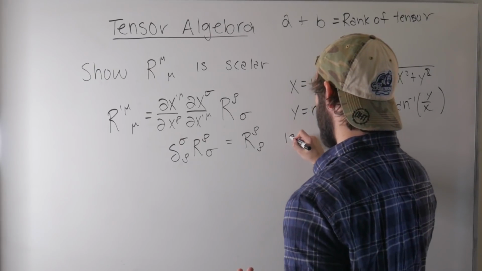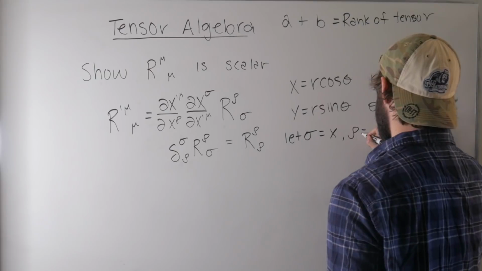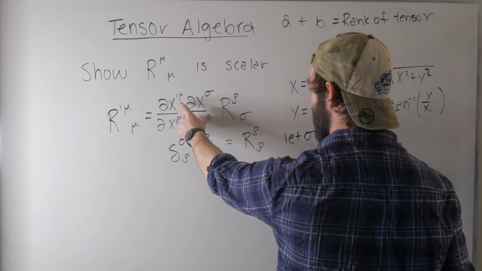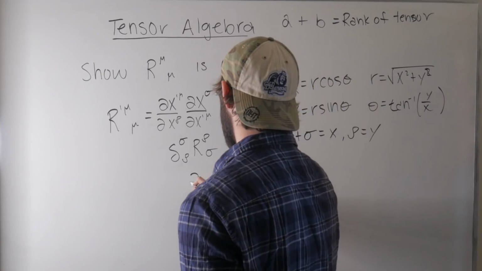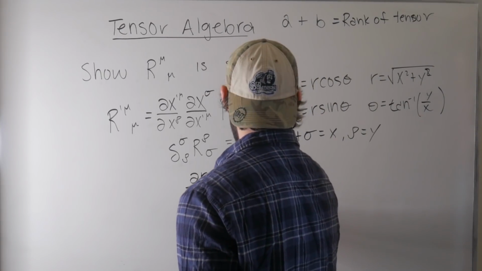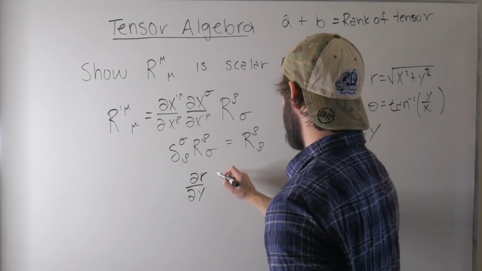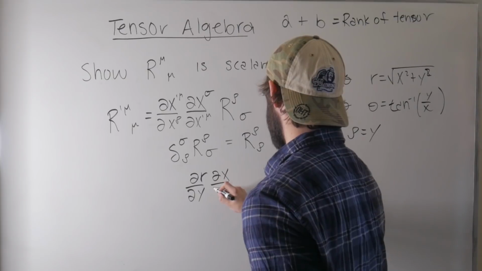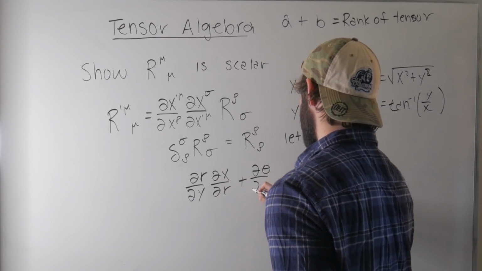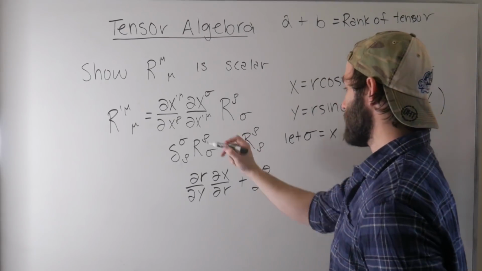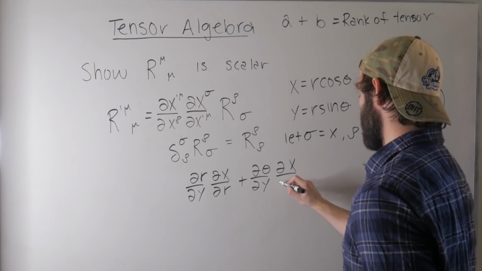If you let sigma equal x and rho equal y, then you're summing over mu, so that would be like saying dr over dy times dx over dr, plus d theta over dy times dx over d theta.